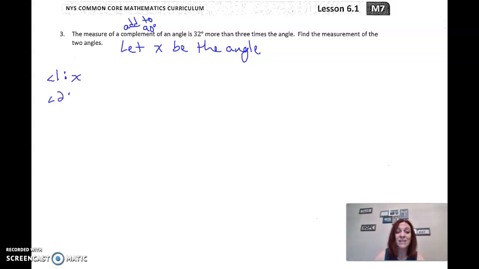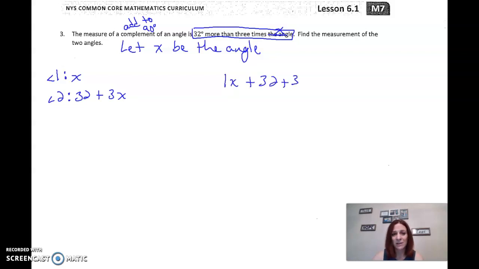And then let's figure out what our second angle is going to be, because a complement is two angles that add to 90. Well, it's 32 degrees more than 3 times the angle. Well, the angle is x. So it's 32 degrees more than plus 3 times x. These two here, 1x plus 32 plus 3x, have to equal 90 degrees.